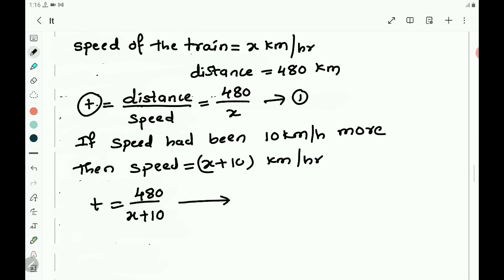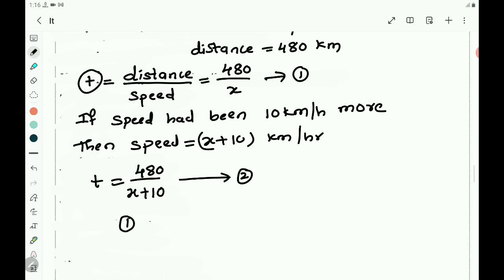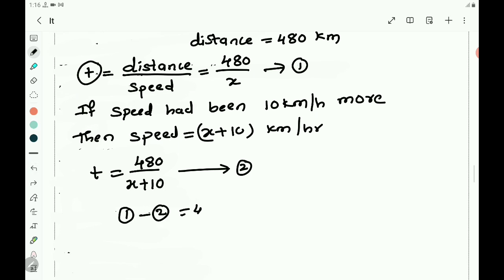So the first time is more than the second time, that is first minus second equals 4.